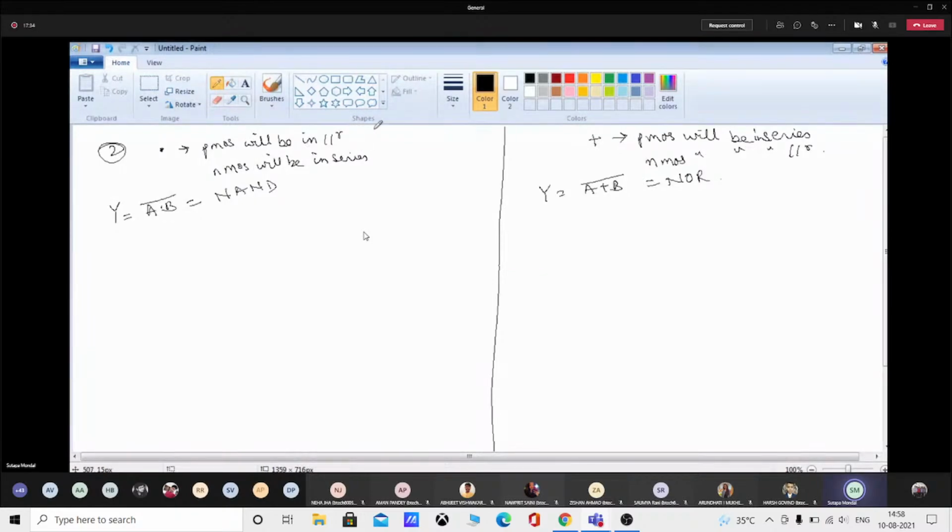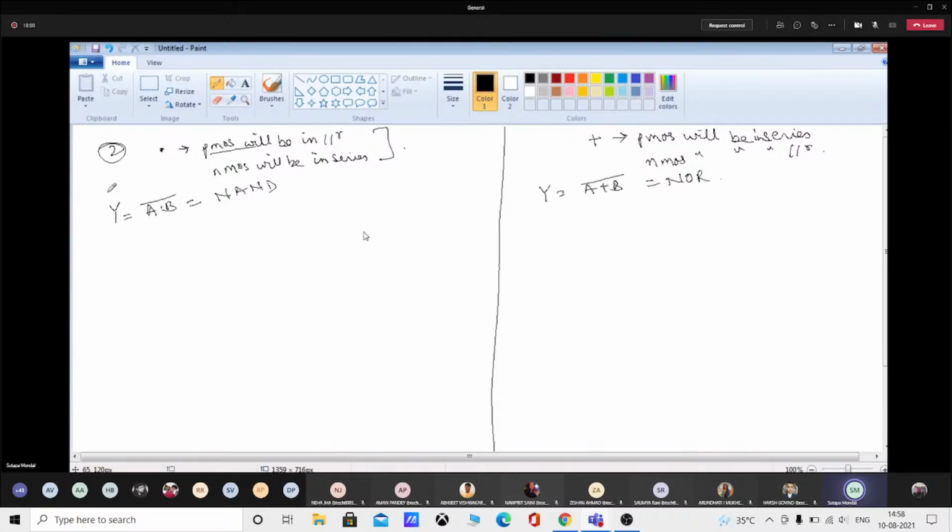Why I wrote these two things? Because we know that pull up will always be made by PMOS and pull down we will have the NMOS. Without the combination of PMOS and NMOS, we cannot realize a gate in CMOS. So now what it is saying, PMOS will be in parallel.